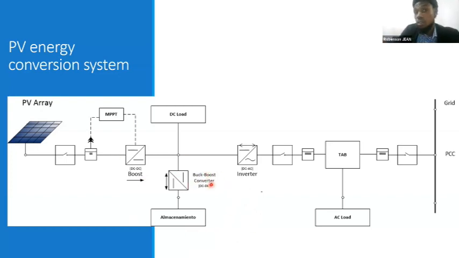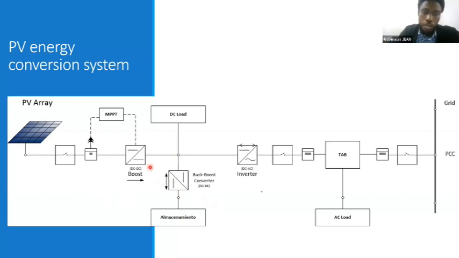Why do we use a buck-boost converter? We can imagine the voltage at this side is like 24 volt, and our battery energy storage system has an operational voltage of 12 volt. So we can use a buck-boost.